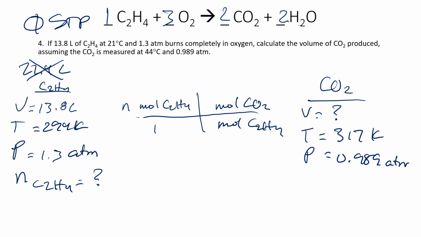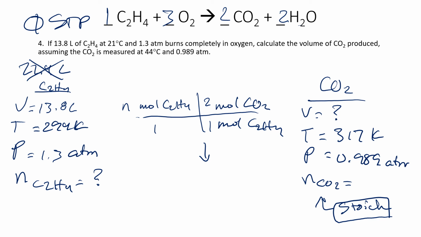So let's see, I got 2 moles of CO2 on the top, 1 mole of C2H4 on the bottom, and so whatever moles of CO2 I get from doing this calculation comes from the stoich that we just did, and we're going to use that to determine the volume of CO2. So this means we're doing ideal gas law twice. Alright, so if you have any questions, please let me know. Thanks.